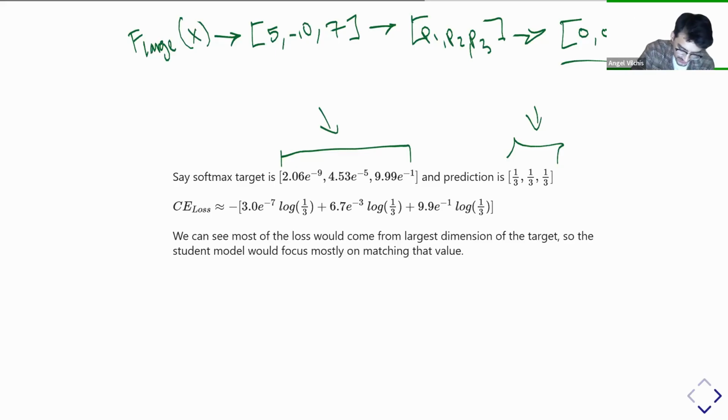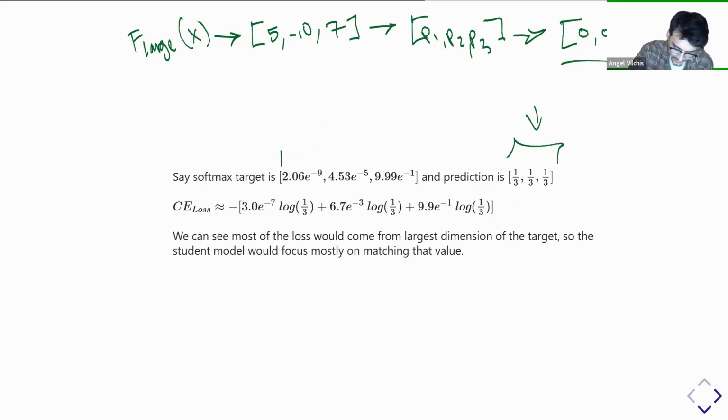This would be the loss that we feed the small model to learn to mimic the large model in this case. And we can see that all the weight would be in the largest class. That means the smaller model would mostly focus on getting that right, and it wouldn't really try to learn any differences between other classes. It's just mostly focused on that main class.